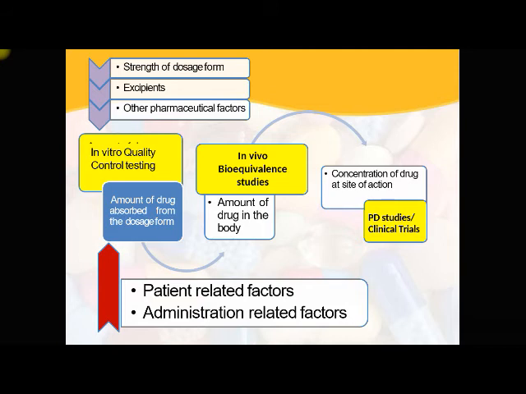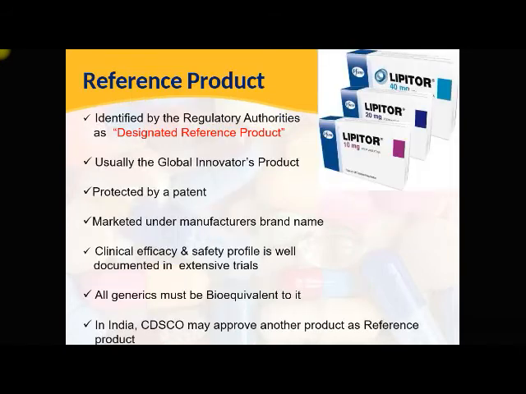And then with the help of the PD studies, that is pharmacodynamic studies or the clinical trial studies, we are able to find out how much concentration of drug is at the site of action, thus producing the clinical effect, and that we get from the pharmacodynamic studies and the clinical trials. Then what is the reference product?